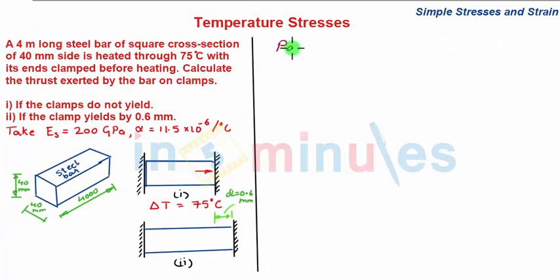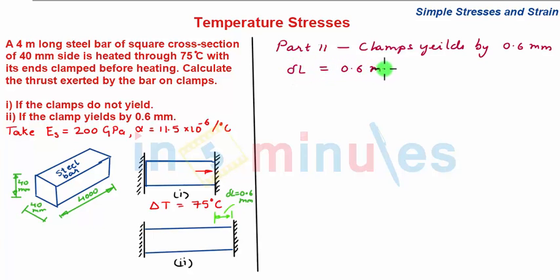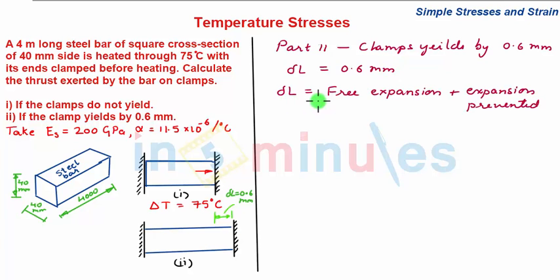Now in the second case, part 2, when the clamps yield by 0.6 mm, we have the compatibility equation as delta L is equal to 0.6 mm. Again we write the formula for delta L as free expansion plus expansion prevented.